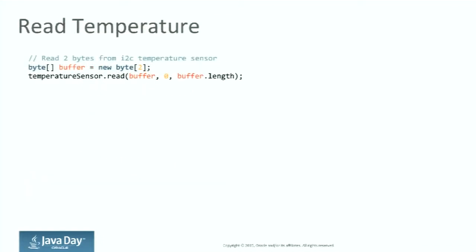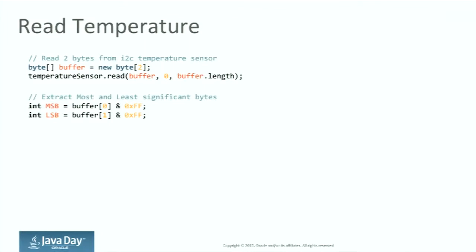So I'm going to next dive into a bit more detail about how you actually read the temperature sensor. These little sensors are really low level. They're talking in bytes and bits and really low-level constructs. So what I'm going to do is read 2 bytes from the temperature sensor.